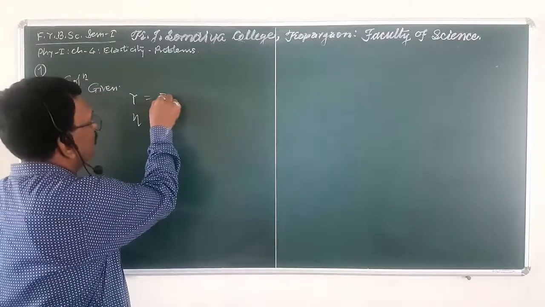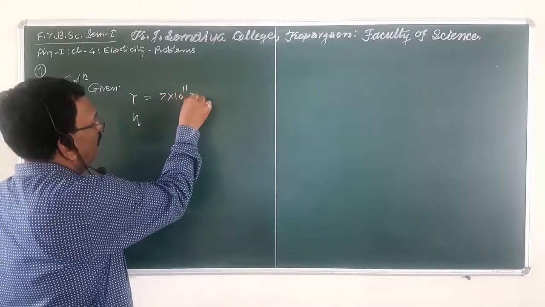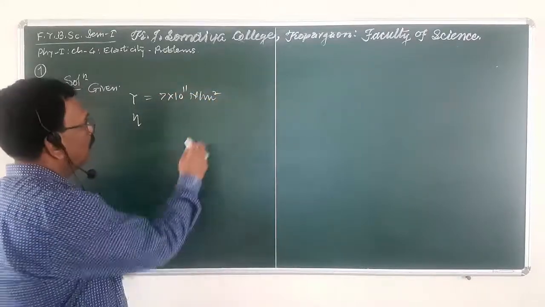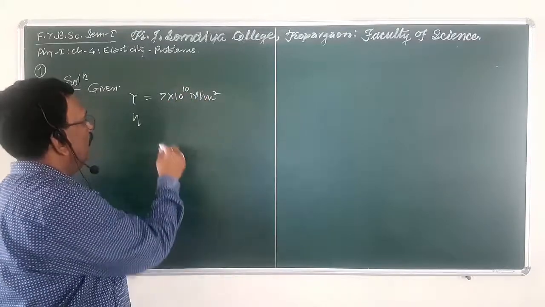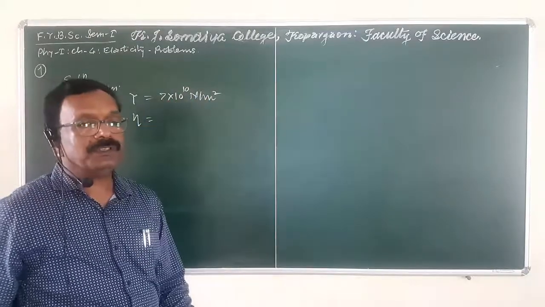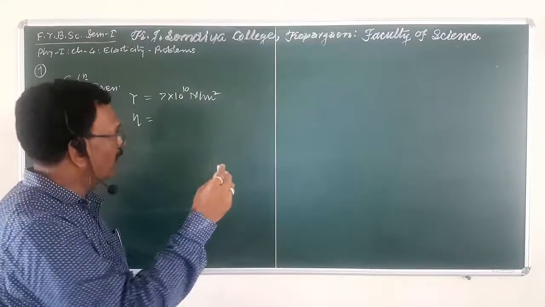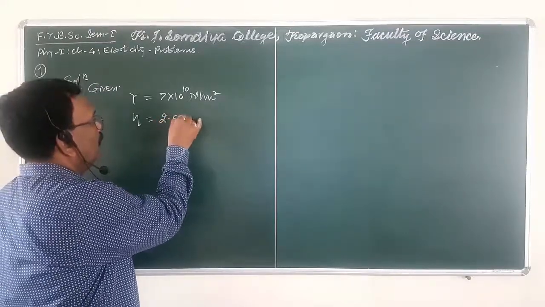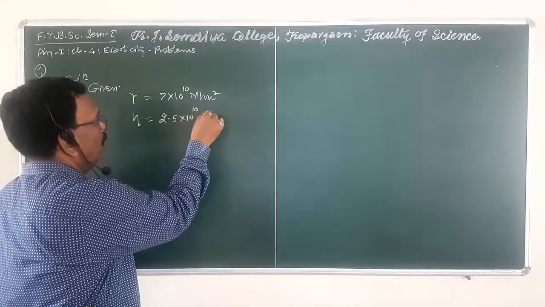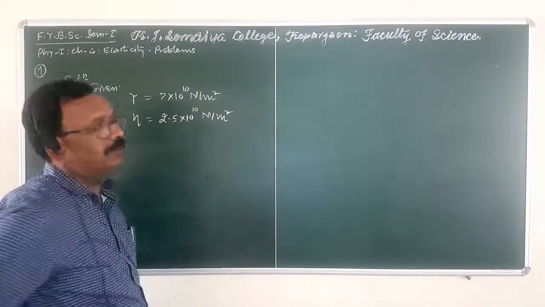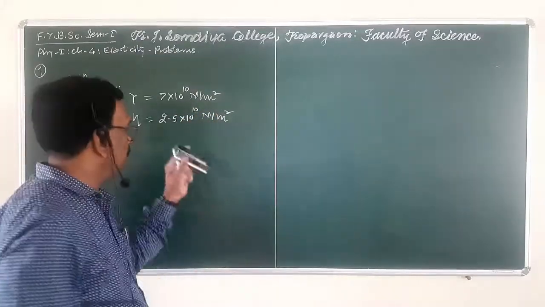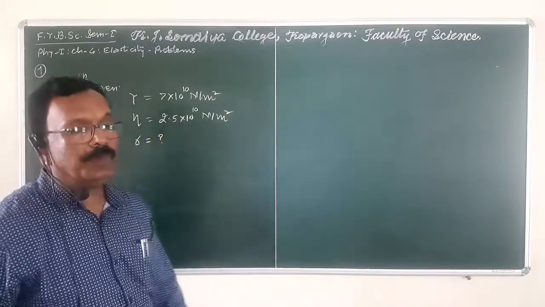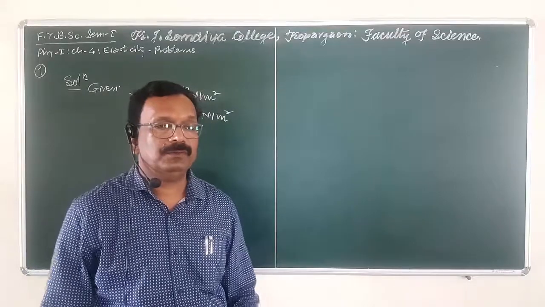Young's modulus is 7 into 10⁻11 Newton per meter square, and modulus of rigidity is given as 2.5 into 10⁻10 Newton per meter square. Here we have to obtain Poisson's ratio.